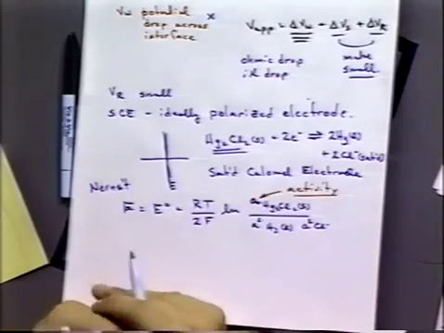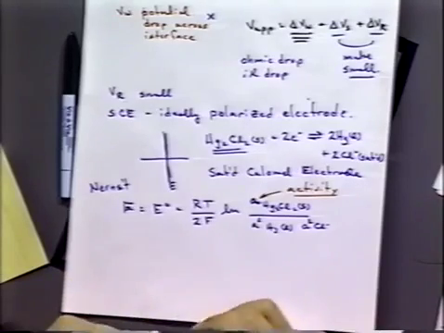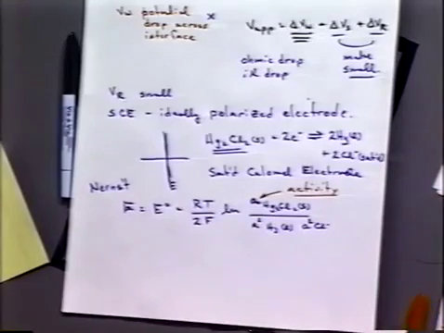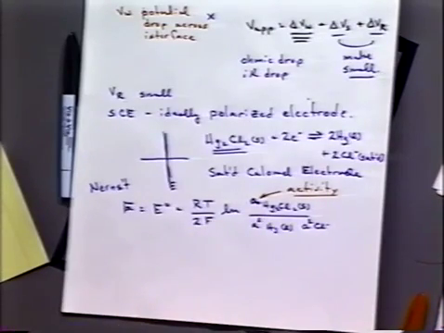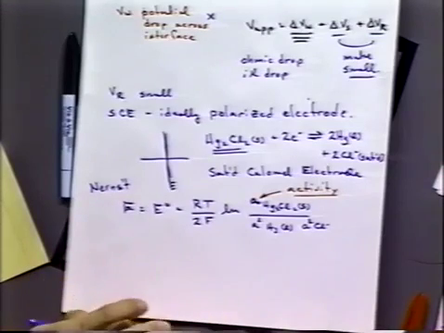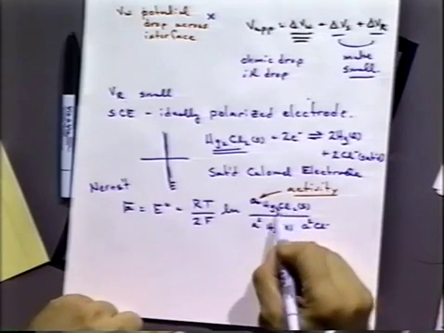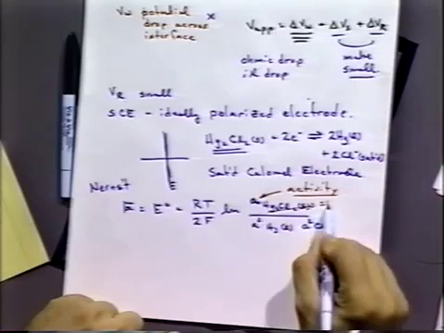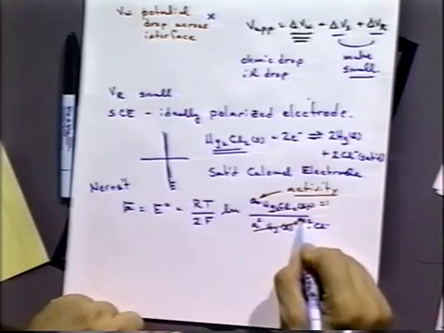Remember, the activity is a term that relates the effective concentration, or the effective chemical strength, of a particular species in solution. And so rather than concentration, for thermodynamically valid equations, we use activity. But remember, the activity of a solid is defined usually as 1. The activity of a pure liquid would also be equal to 1.